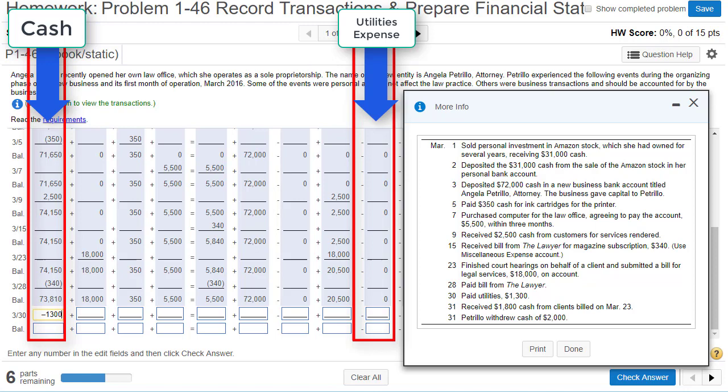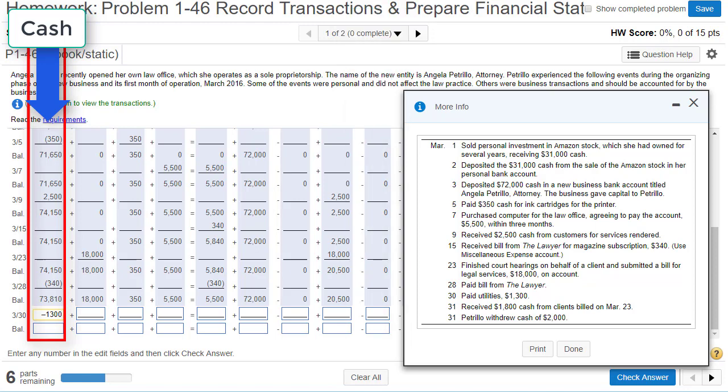And what are we paying for? Utilities. So what would the other account be? Remember the definition of an expense.